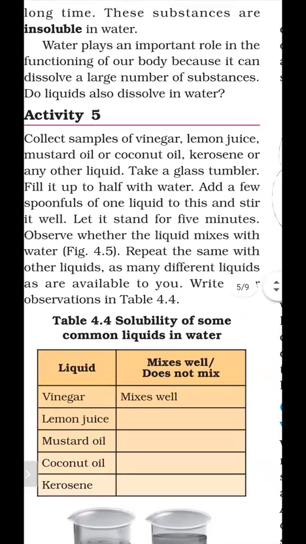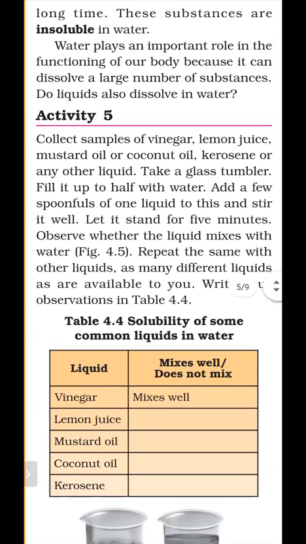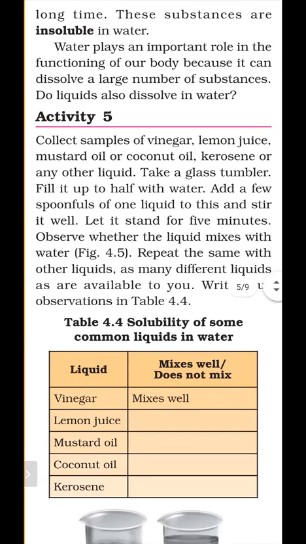Then we add half water into each glass tumbler, and add vinegar to the first tumbler, lemon juice to the second, mustard oil to the third, coconut oil to the fourth, and kerosene to the fifth tumbler.